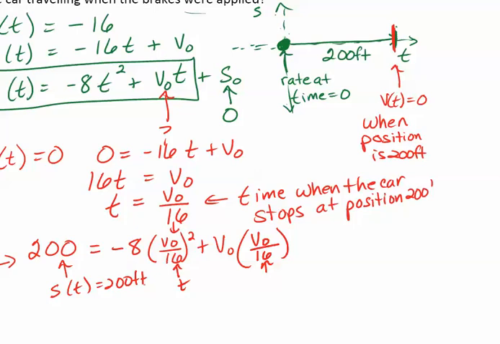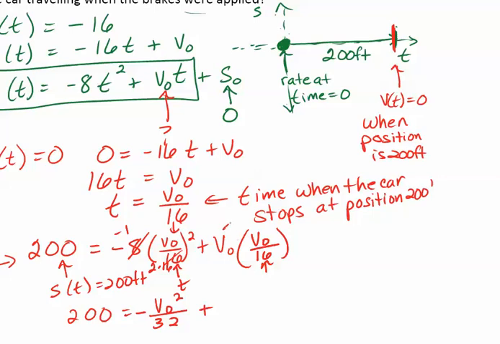Let's see what we can do to solve that equation. This negative 8, at least the 8, can cancel with one of those 16s. So we'll just have a 2 times a 16 left there. So 200 is equal to negative v sub 0 squared over 32. Oh, that one has a negative sign.